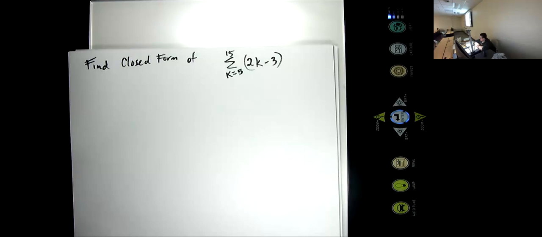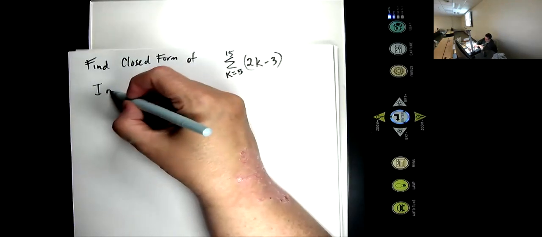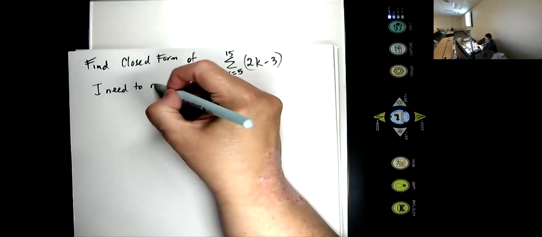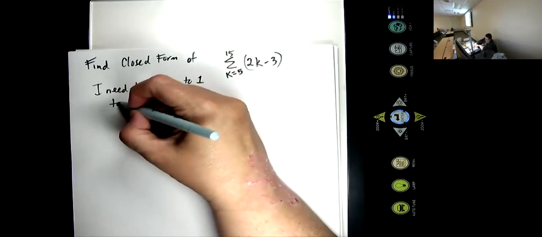Closed form doesn't have summation in it anymore. So we need to use some of those formulas that we just had, which means I need to re-index to 1, to use the formulas.